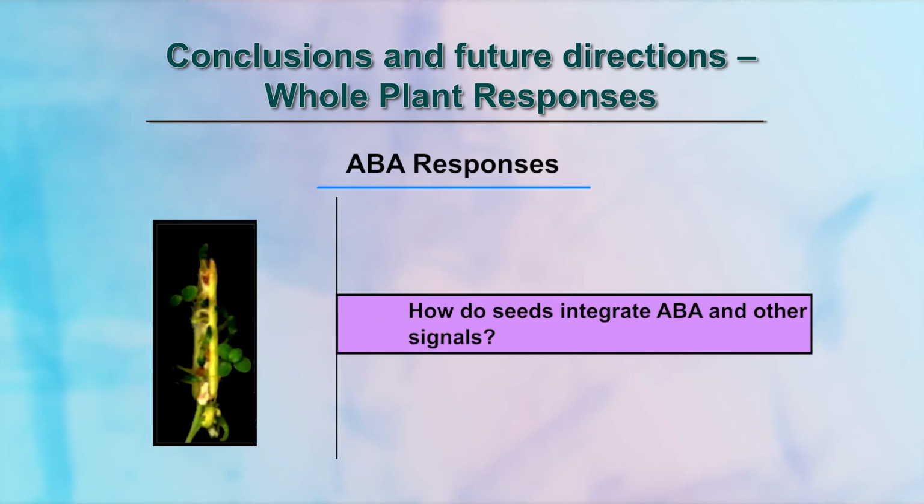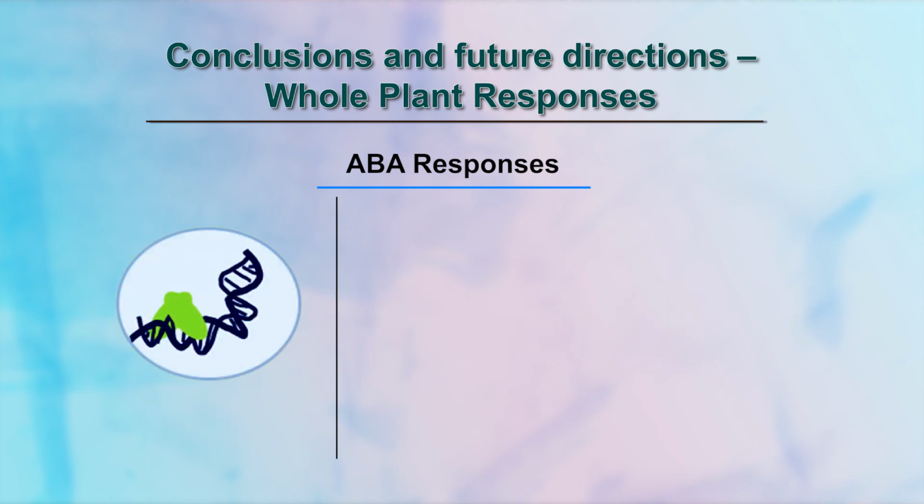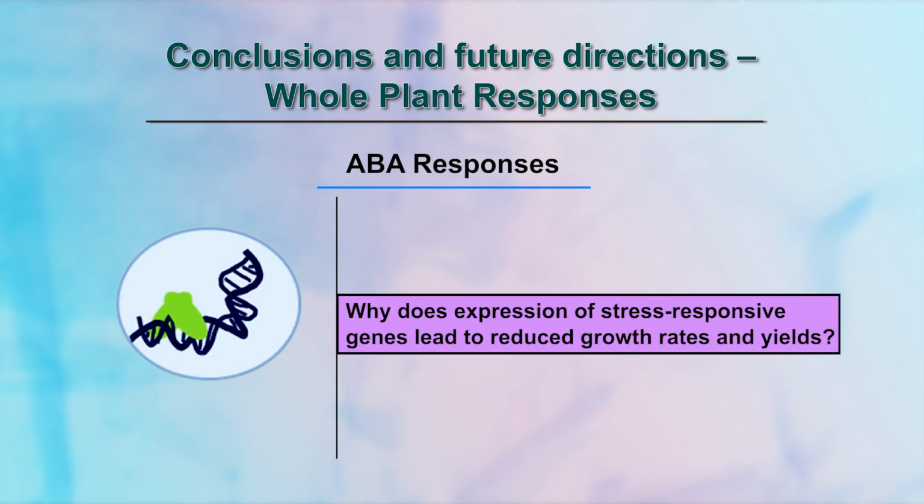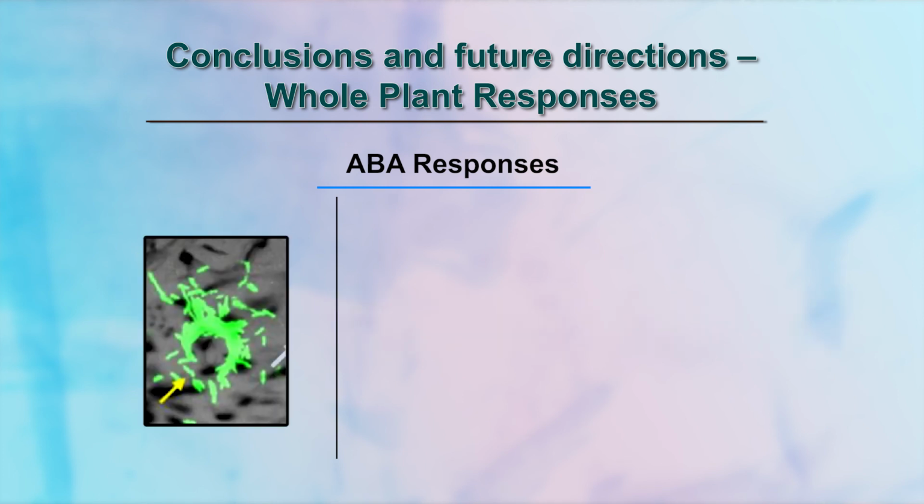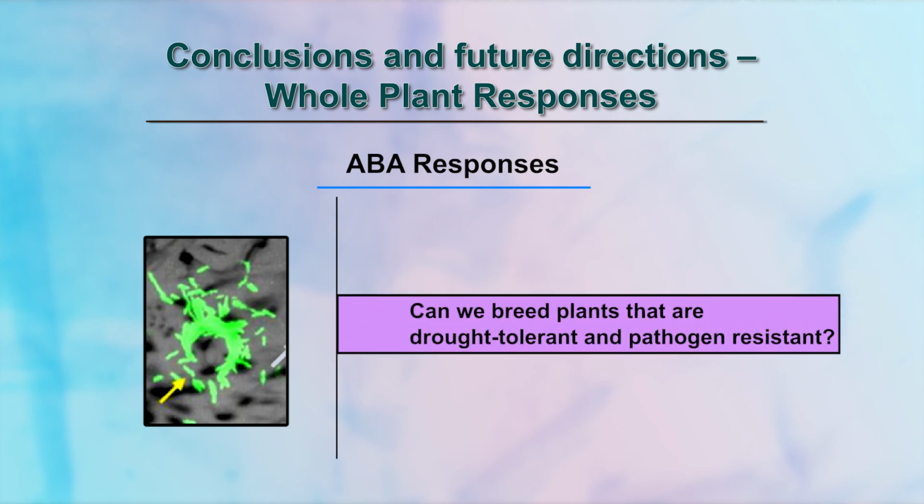Similarly, how can seeds integrate ABA and multiple other signals, or why does expression of stress response genes lead to reduction in growth as well as in yield? Maybe all of this could answer the most important question, that is, can we breed plants that are drought tolerant as well as pathogen resistant?